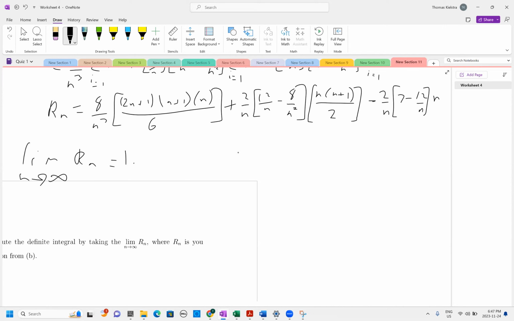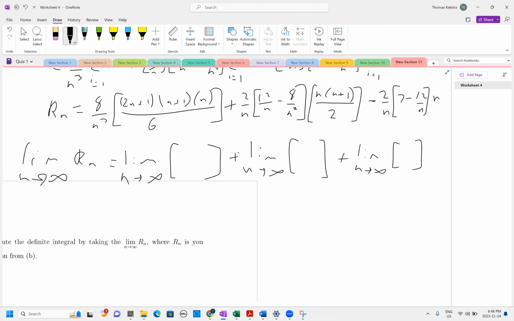So we can take the limit as n goes to infinity of our first term, plus the limit as n goes to infinity of our next term, plus the limit as n goes to infinity of our last term.